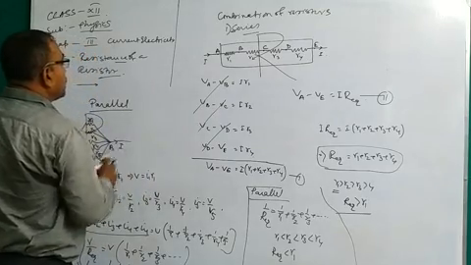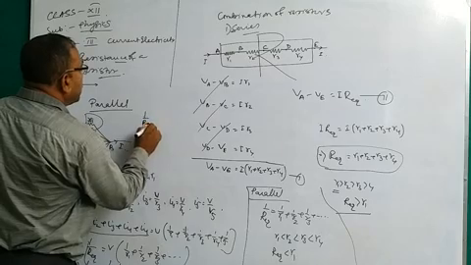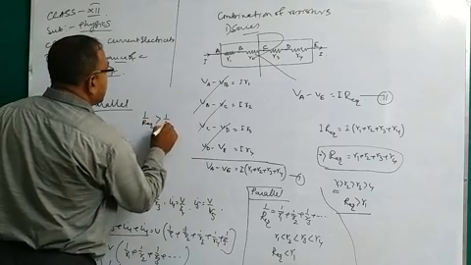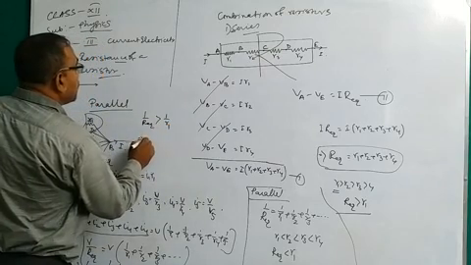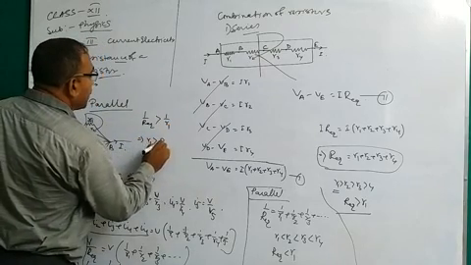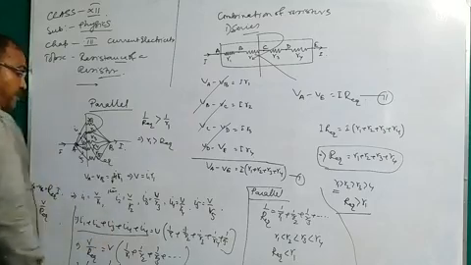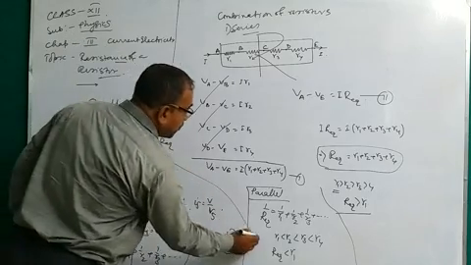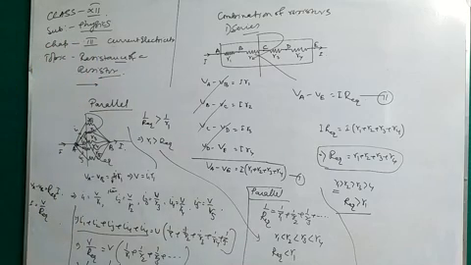Sorry, my dear student. 1 by R equivalent is the sum of all the reciprocals, so that is the value of this. So R1 is greater than R equivalent. That means R equivalent is less than R1. So this is the proof of that line.